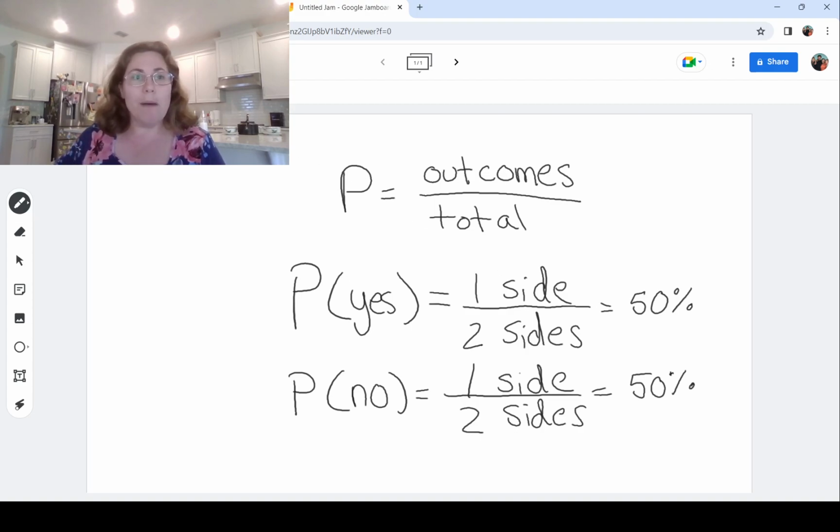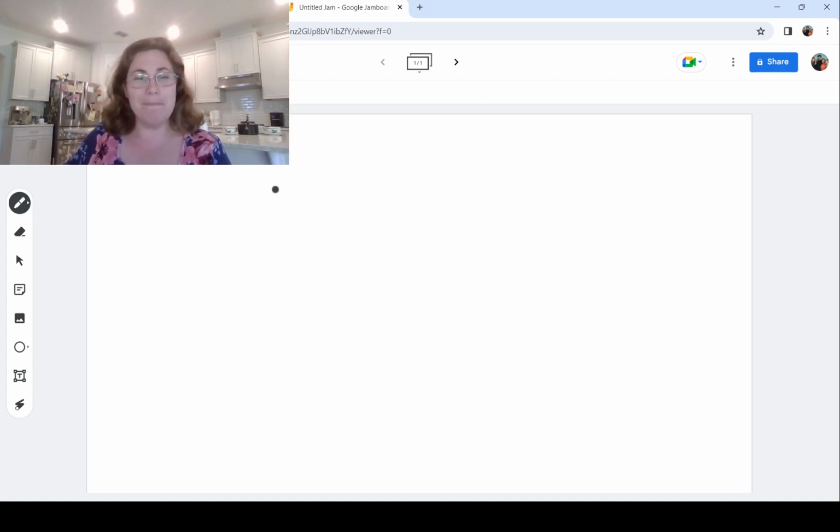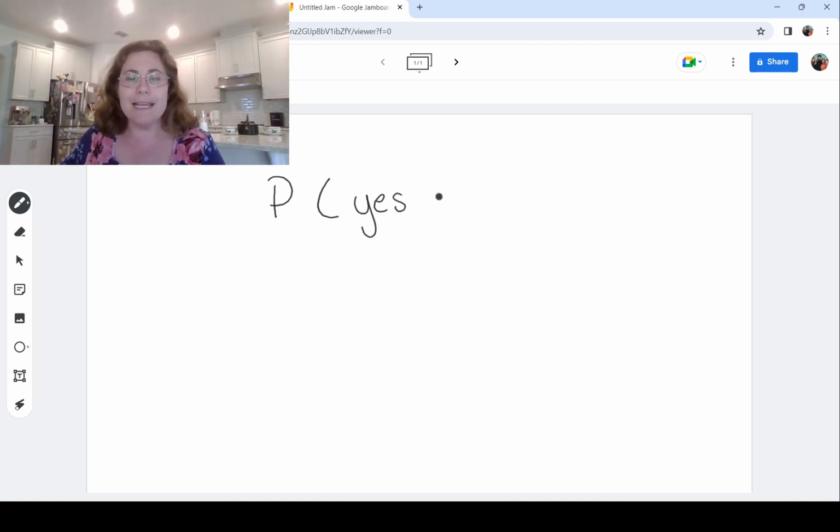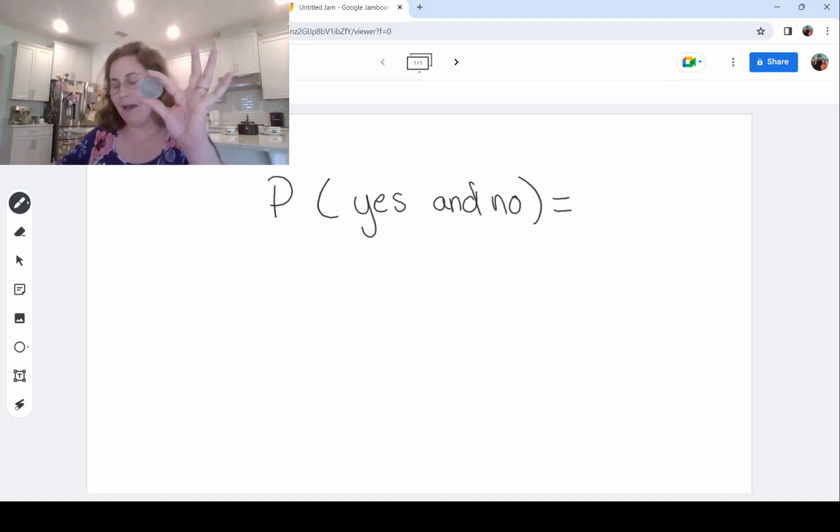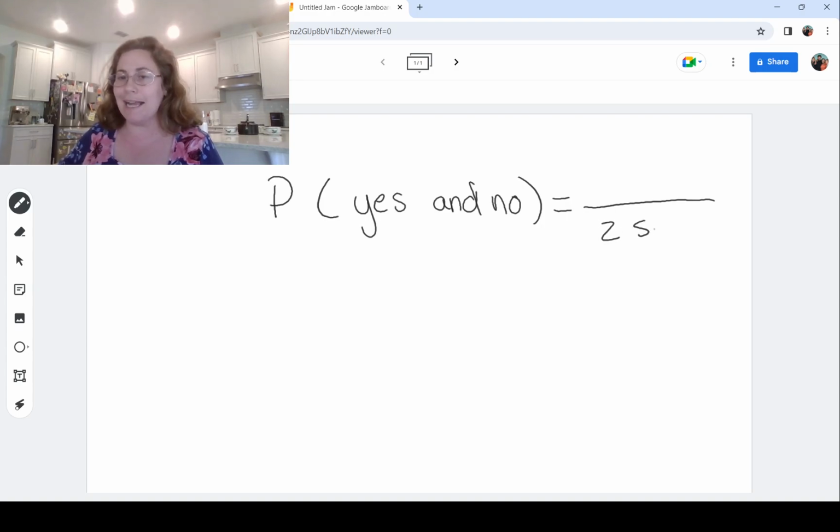There are other possibilities. This one might be a little more challenging. We're going to talk about the probability of yes and no. A little bit tougher idea. I want to find out what's the probability yes and no can occur. The possibilities are still the two sides that I have. So that's the total. And when I flip this coin, oh, that was a bad flip.